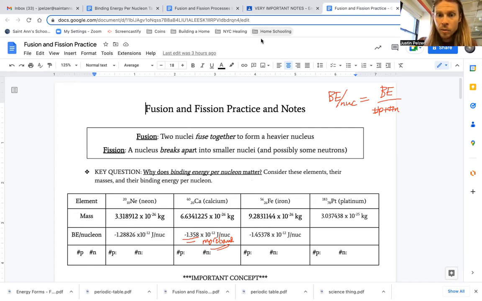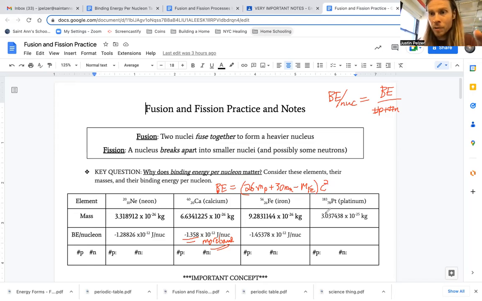In this case, it would be 26 protons times the mass of a proton plus 30 neutrons times the mass of a neutron, right? And then you subtract this mass of iron, and then you multiply that by c squared, and you get the binding energy of iron. If you divide by 56, you average it over each individual nucleon.